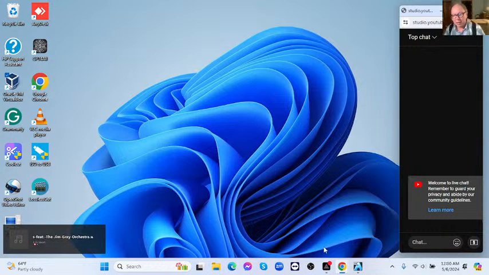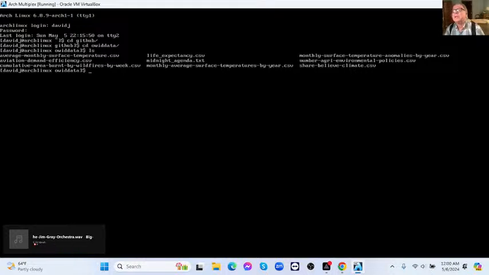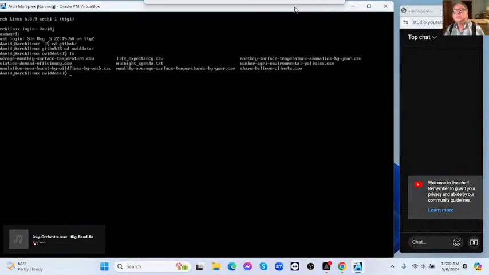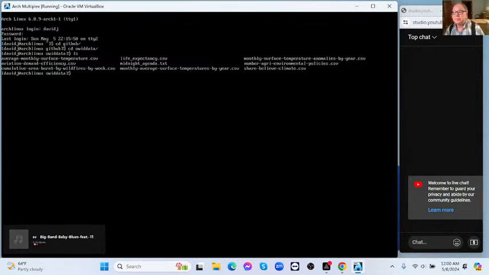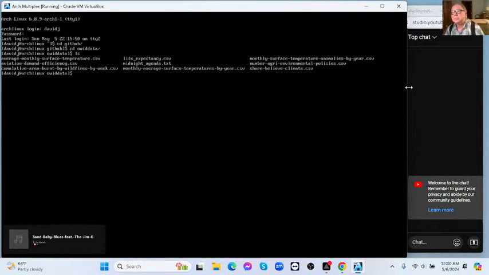Okay. Let's just pull up our terminal here a little bit. We're actually going to be using a terminal multiplexer. If you're familiar with GNU Screen or tmux, this is similar. This one is called Zellij.